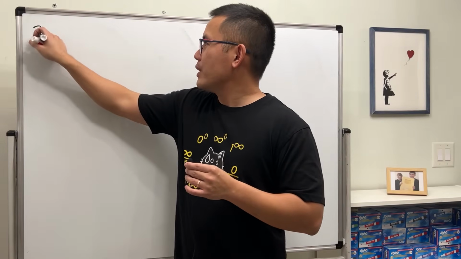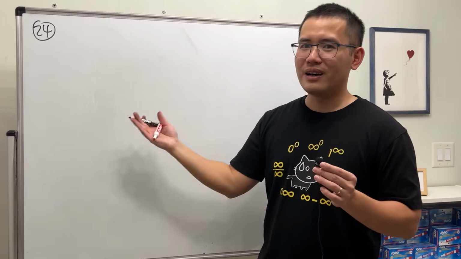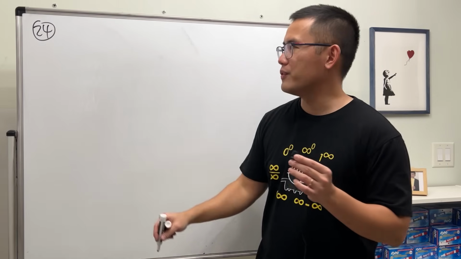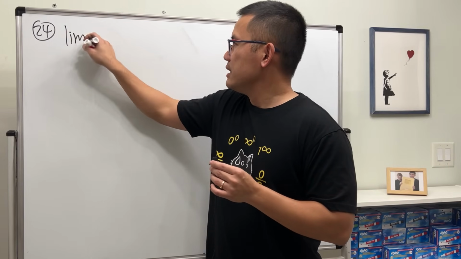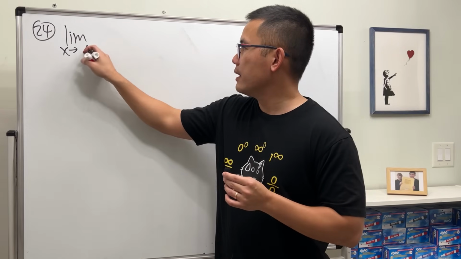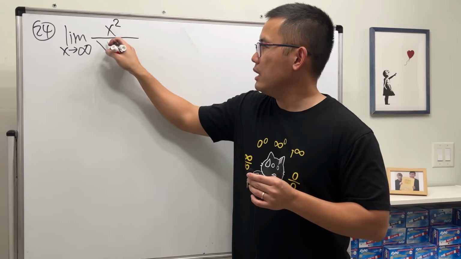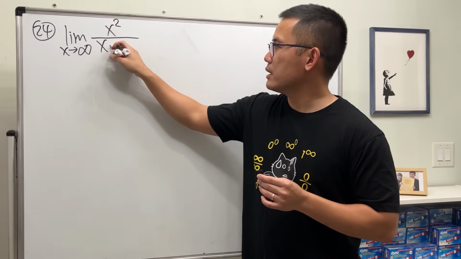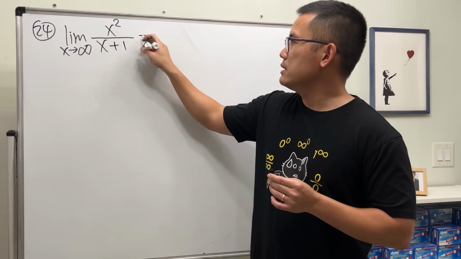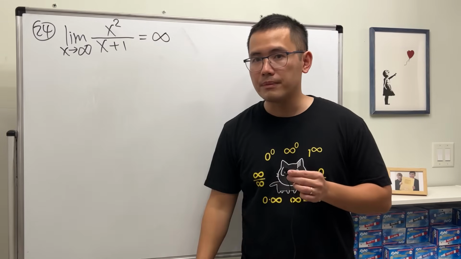All right, number 24. Of course, you should know this is to honor Kobe Bryant. That's why 24. Limit as x approaching infinity of x squared over x plus 1. This is infinity because the degree on the top is bigger than the degree on the bottom.